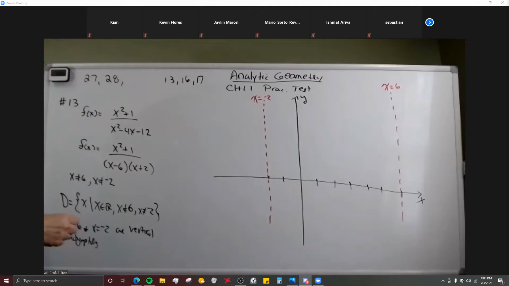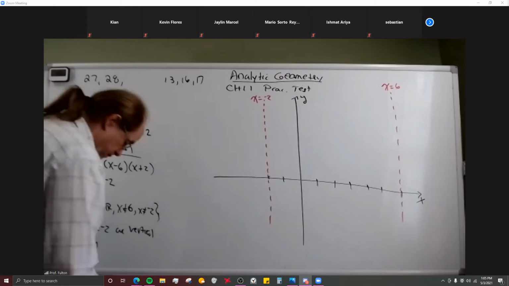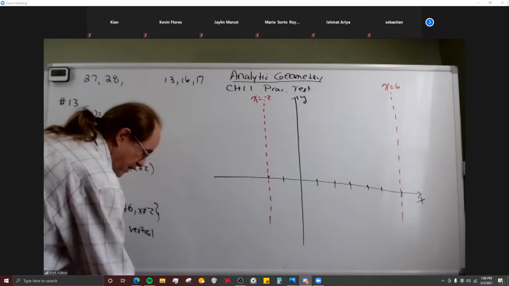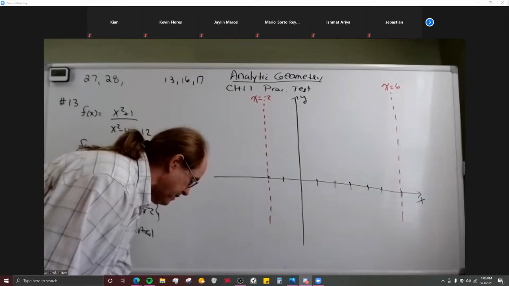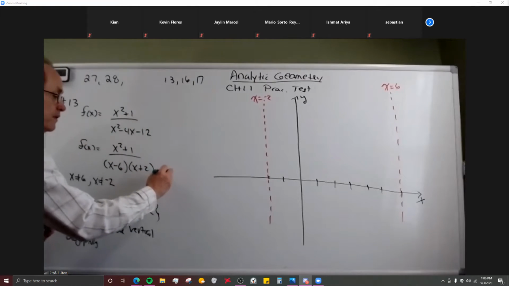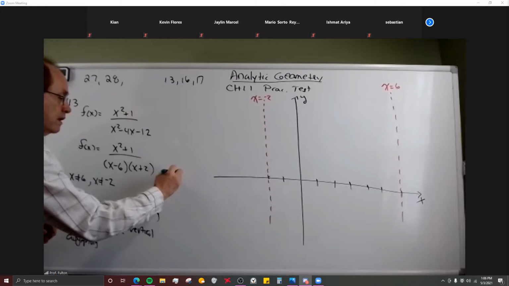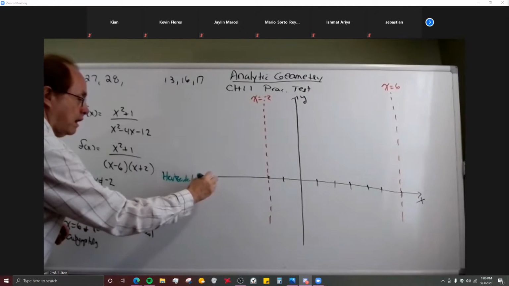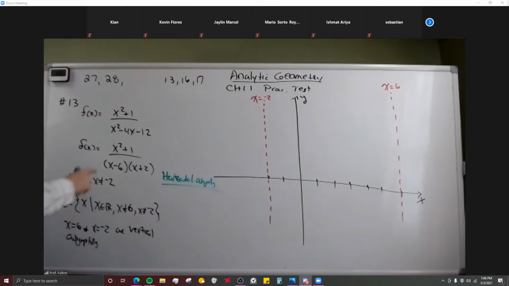Now, the other thing I can look at is what happens when x gets very large, for the horizontal asymptote. I notice I have an x squared over x squared.